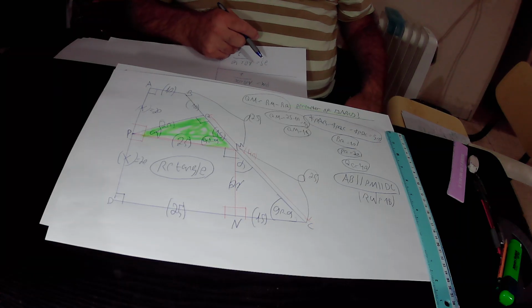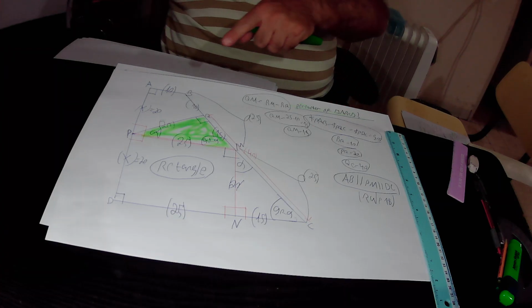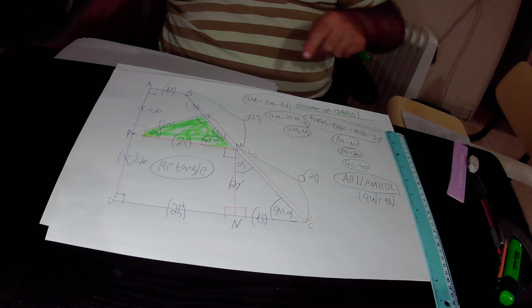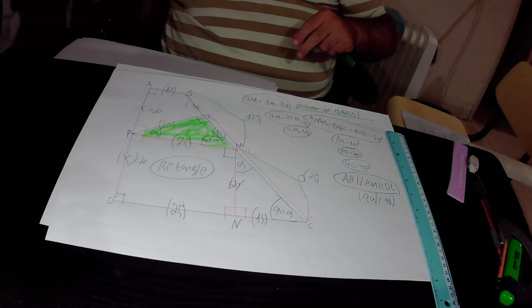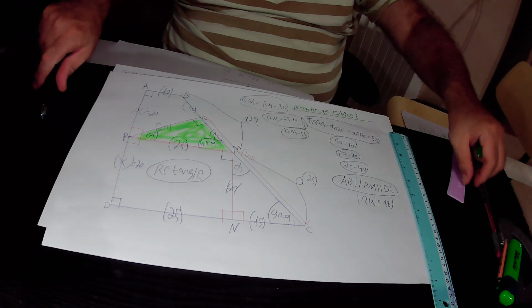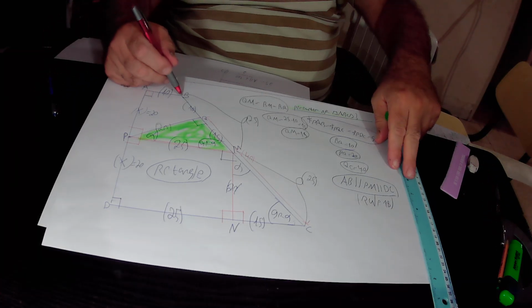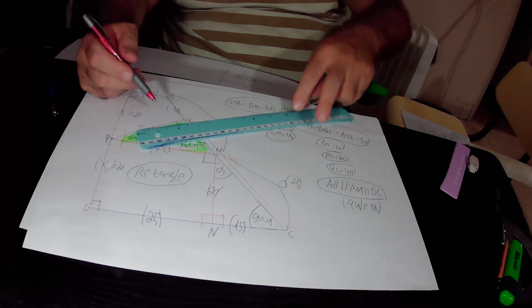In the second method, we do it another way: from point B we will draw a perpendicular on PM, on the mid-segment PM.